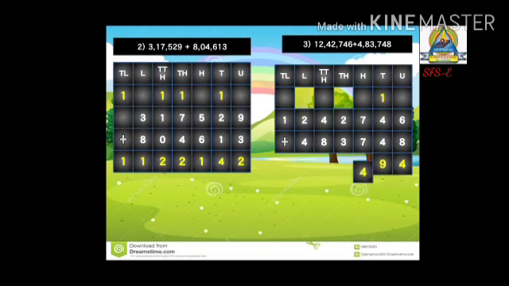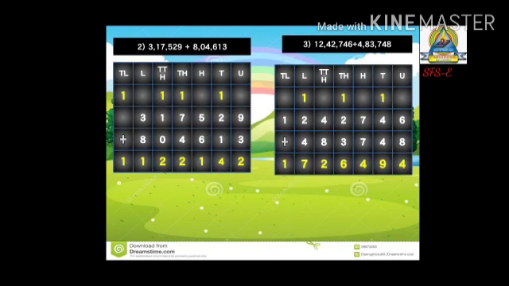So write down here 4 and carry over 1. 1 plus 2 plus 3 is equal to 6. 4 plus 8 is equal to 12. So write down here 2 and carry over 1. 1 plus 2 plus 4, 7. And then 1 will be as it is. So your answer is 17,26,494.